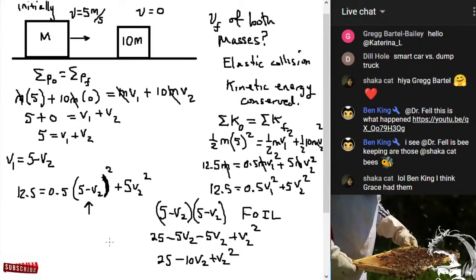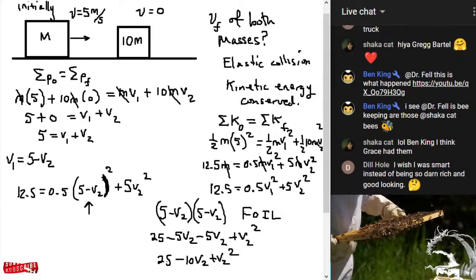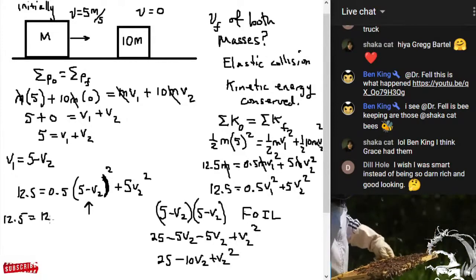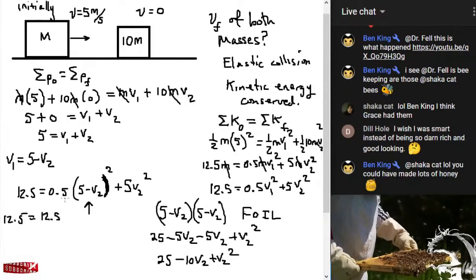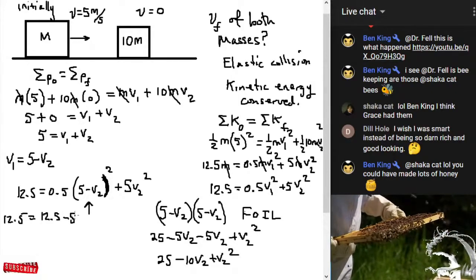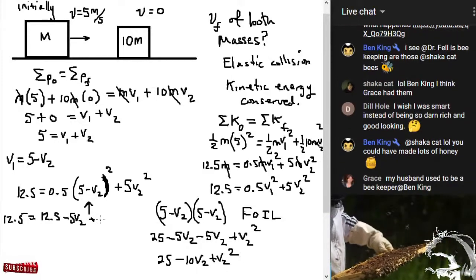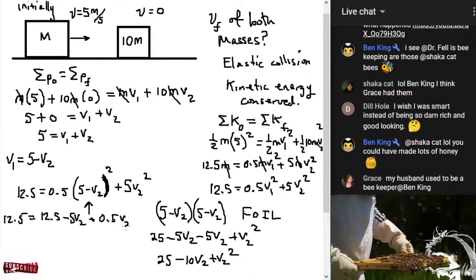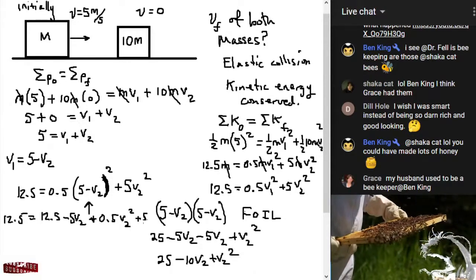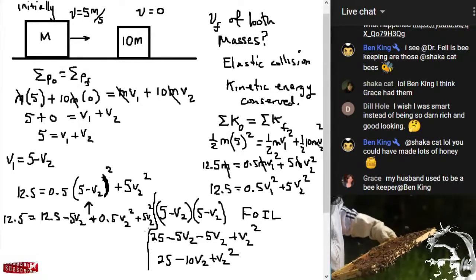That goes here. But then we have to multiply by 0.5. So it would be 12 and a half. So 12.5 equals 12.5 minus 5 v2, distributing the 0.5 through this whole thing, plus 0.5 v2 squared plus 5 v2 squared. So look at this.